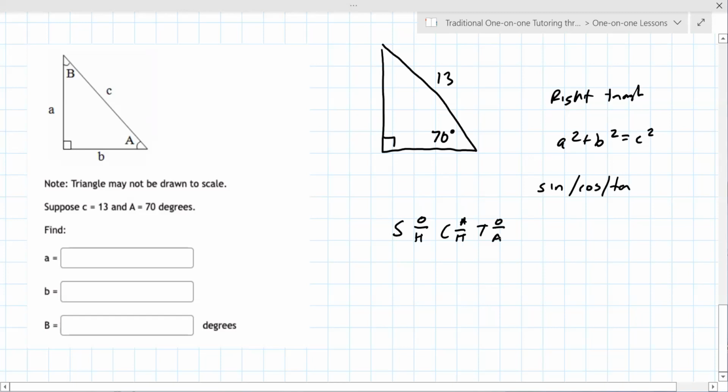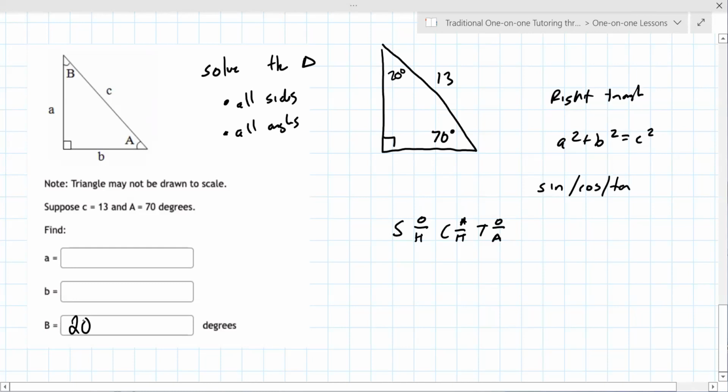The problem essentially is telling you to solve the triangle, and you might even see that on a test. That's the language they like to use. And that means to find all missing sides and all angles. Well, let's find that other angle because that's the easy one to do. This one is 20 degrees because they add up to 90. Boom, got that one.